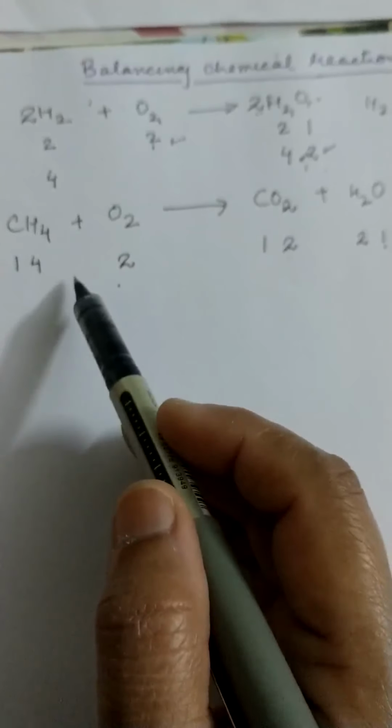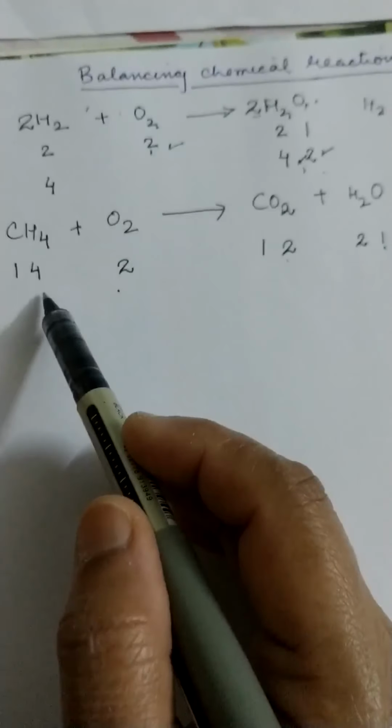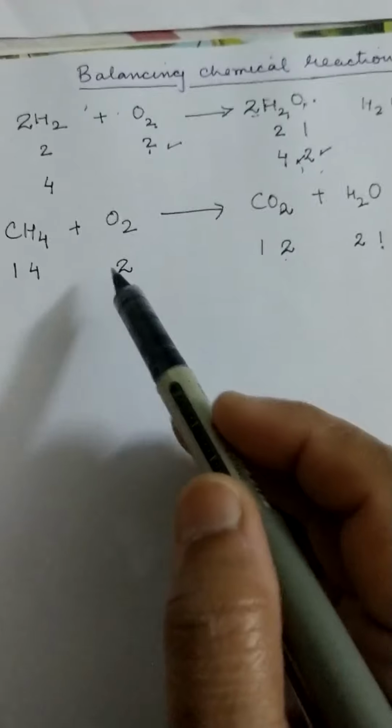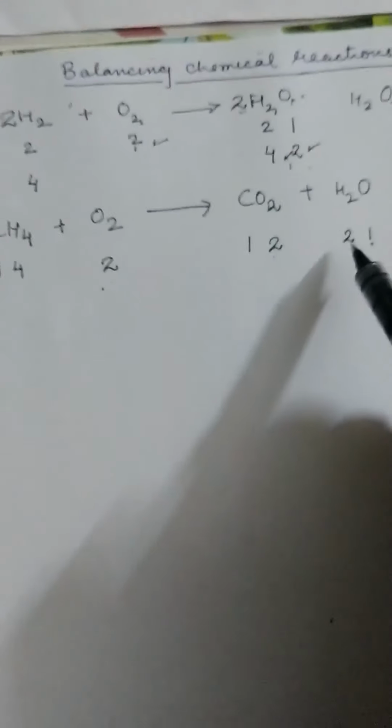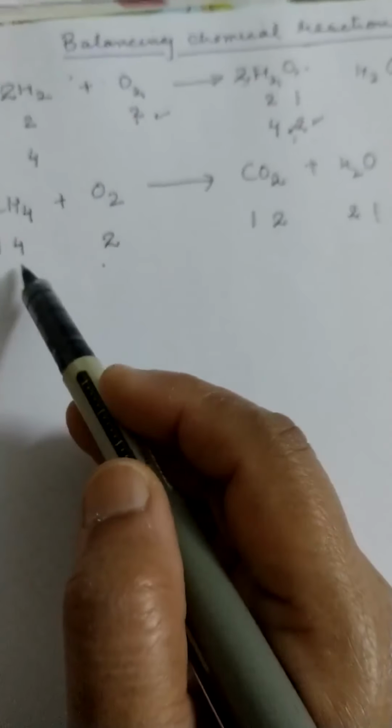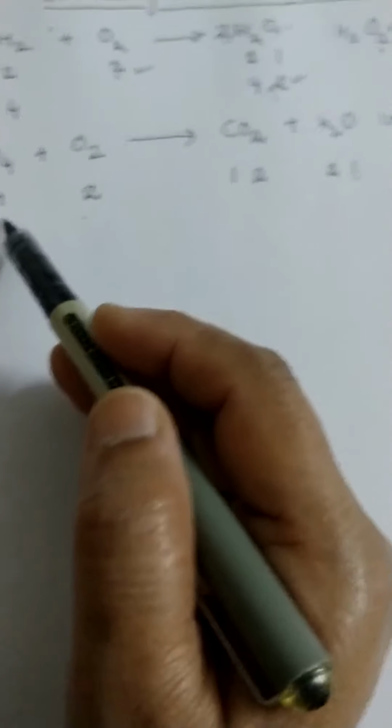To equalize the number of atoms on both sides, we'll have to balance this. First of all, we need to identify the number of atoms on the reactant side and the product side of a chemical reaction, which we have done. Now let us balance it, right?